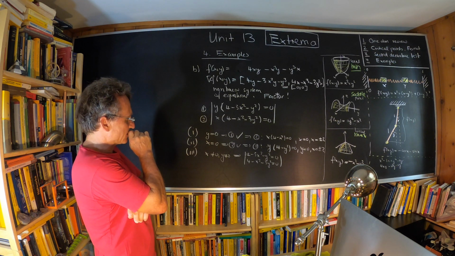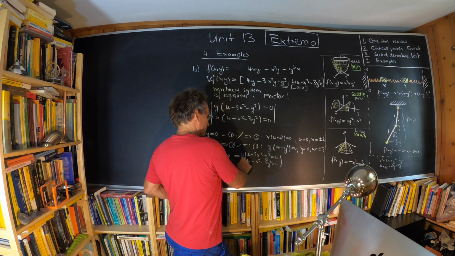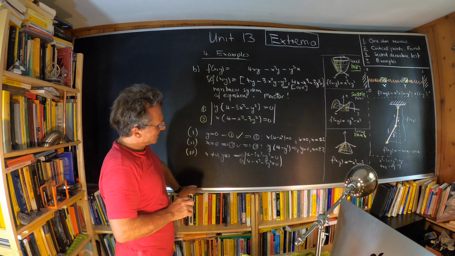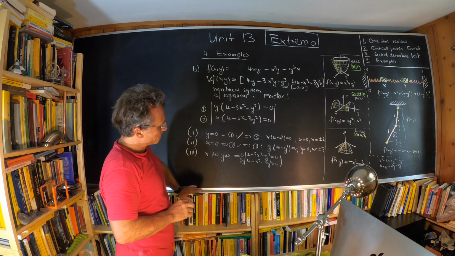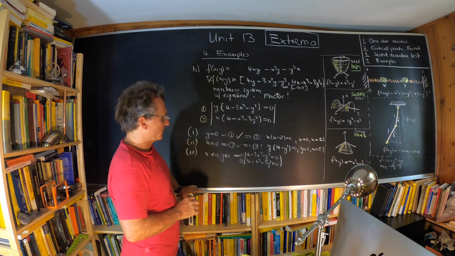It has exactly one solution. So this minus 3 times that, so that's minus 8. That goes to 0, plus 9, this is 8y squared.